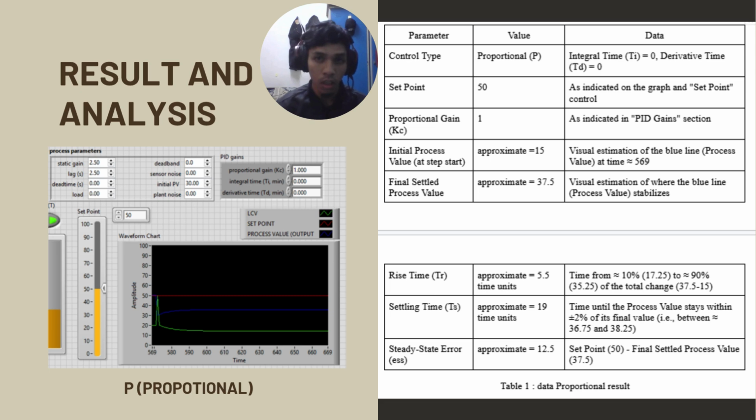Basically, for the proportional result, we put the gain at 1, and we got the initial process value of 15 and the final settled process value of 37.5, with a rise time of around 5.5, settling time of 19, and steady state error of 12.5, because we don't set an integral time, right?